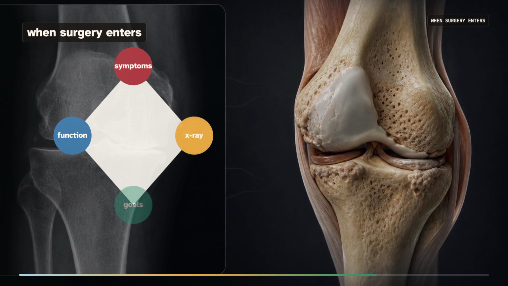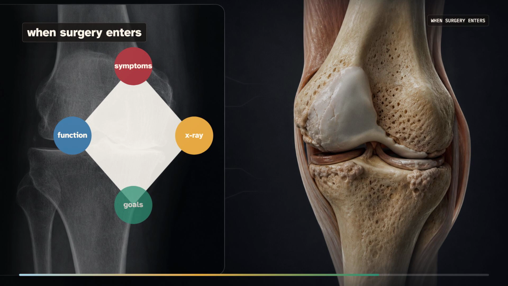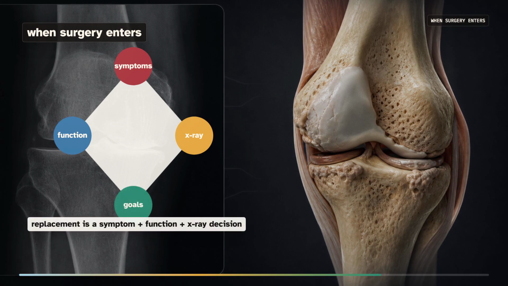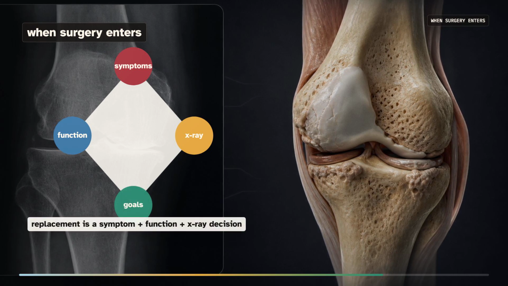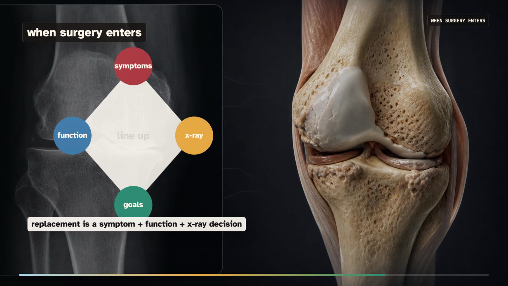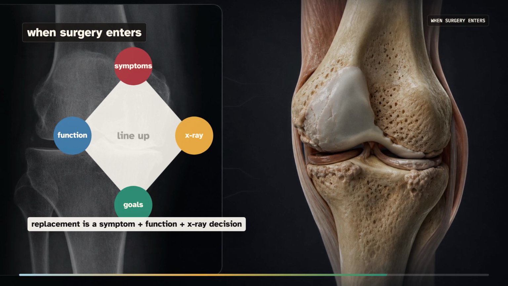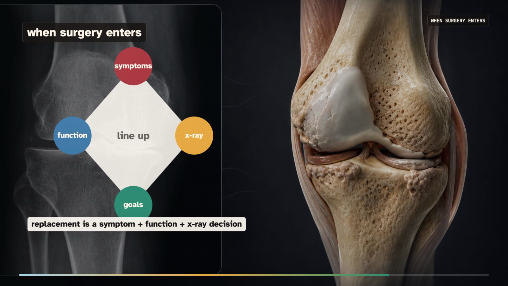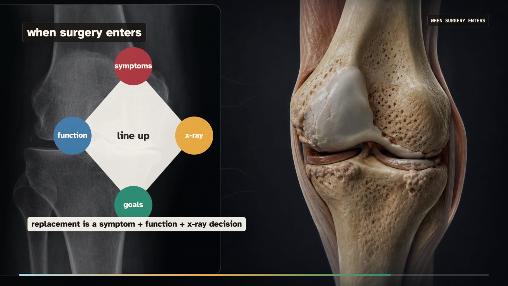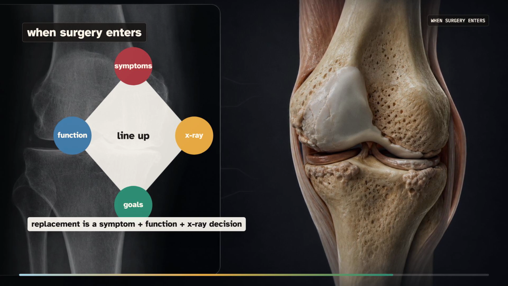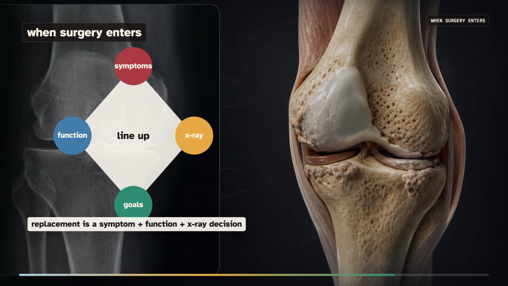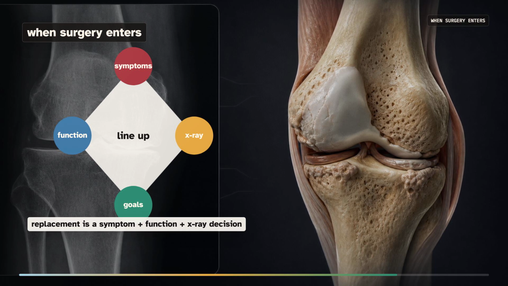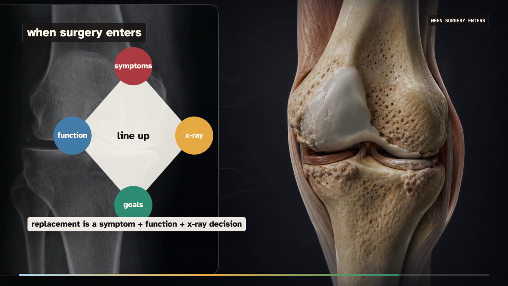A knee replacement does not treat a label. It replaces the damaged bearing surfaces when arthritis is severe enough that non-operative treatment is no longer giving acceptable quality of life. The operation can be life-changing, but it is still a major procedure. The decision is strongest when the story, the exam, and the imaging all point in the same direction.